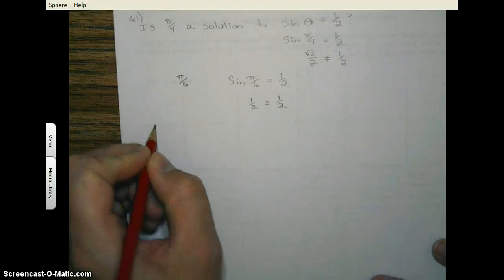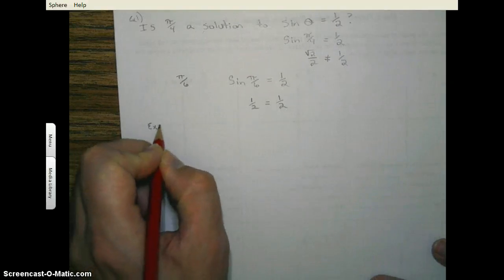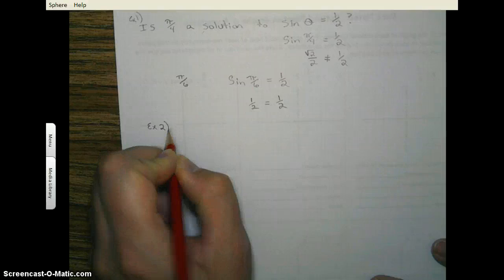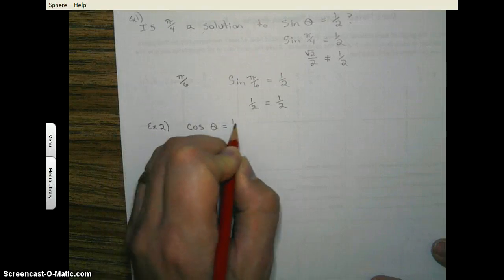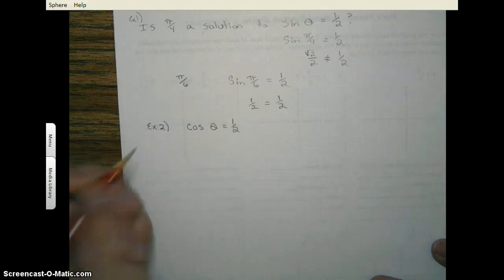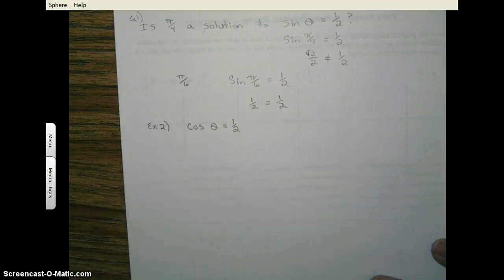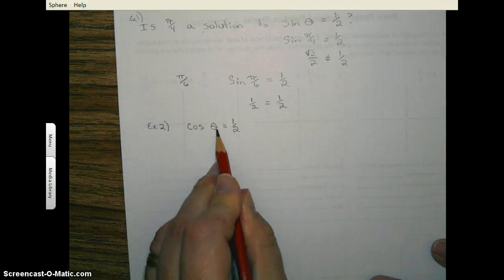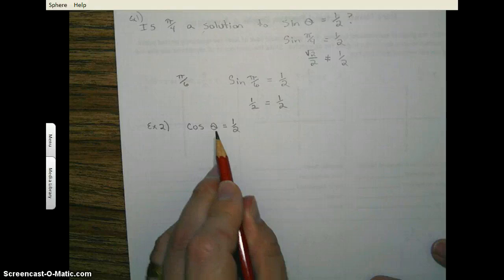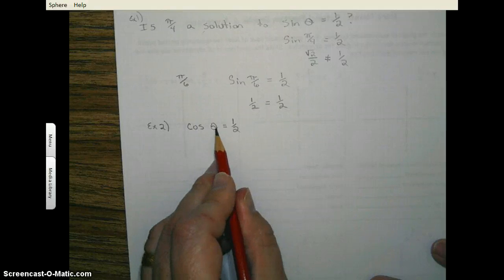Okay, example number 2. We have the cosine of theta equals 1/2. Now what I want to do is give a general formula for finding the solution. It's a general formula.